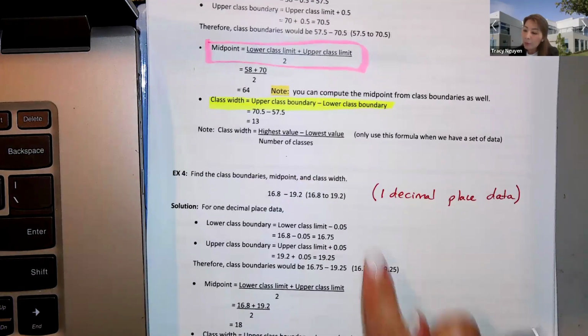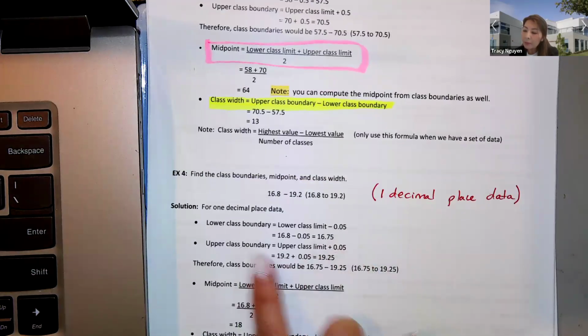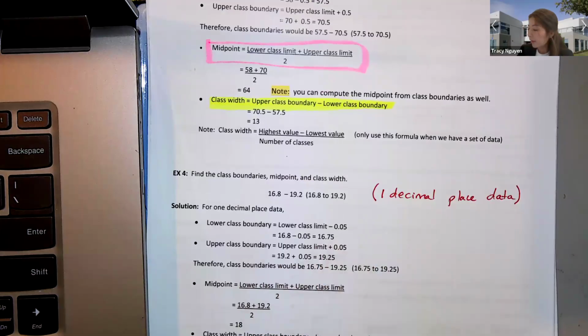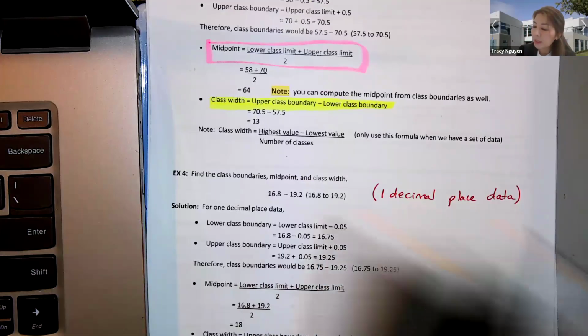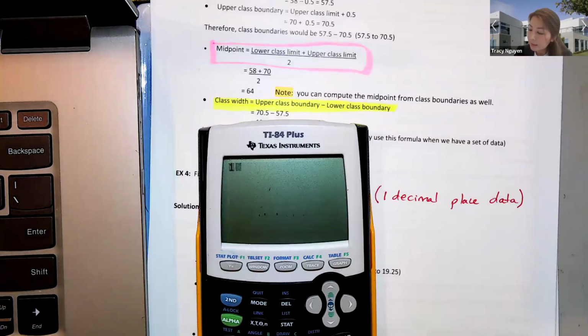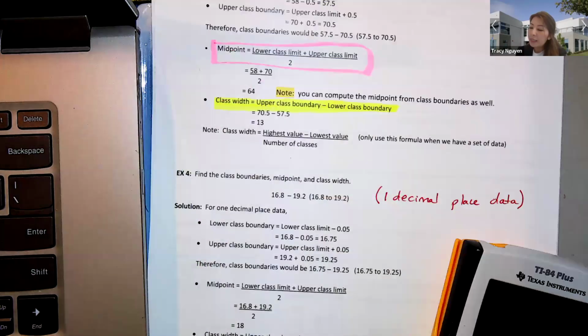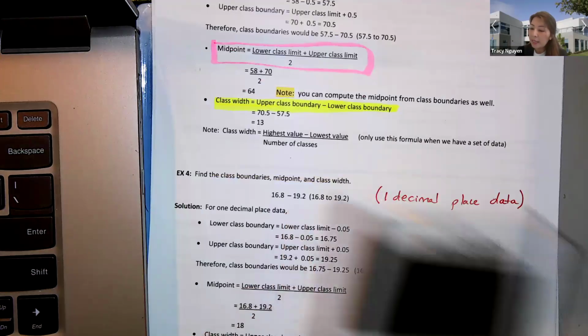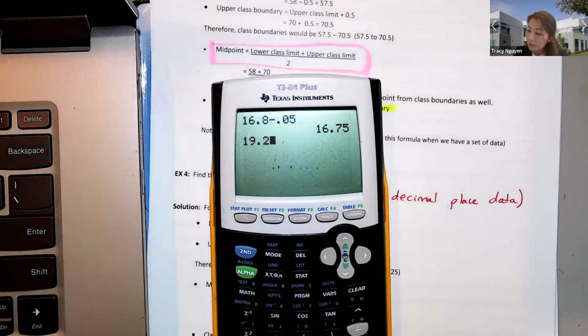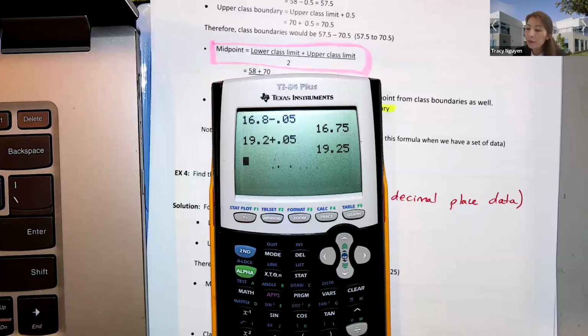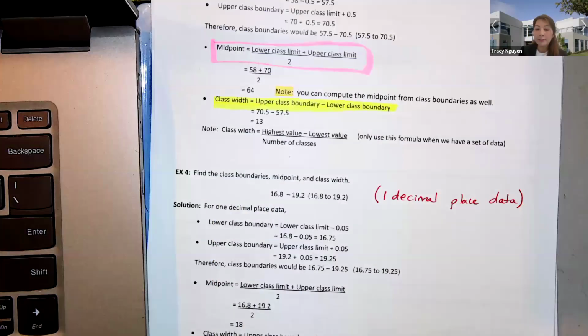So we take 16.8 minus 0.05 to get the lower class boundary of 16.75. And let me verify that computation for you. We have 16.8 minus 0.05, we have 16.75. Then for the upper class boundary, we take 19.2, we add 0.05, we get 19.25, okay?